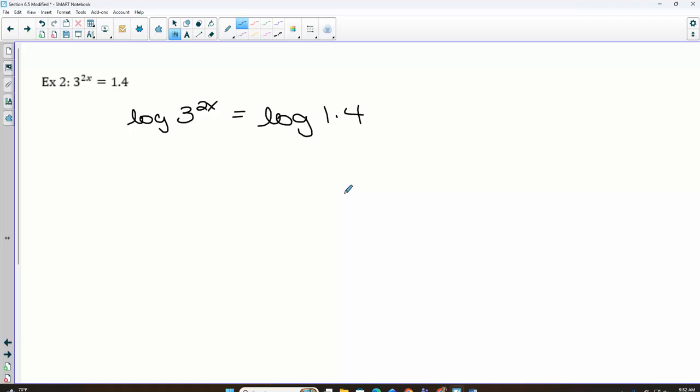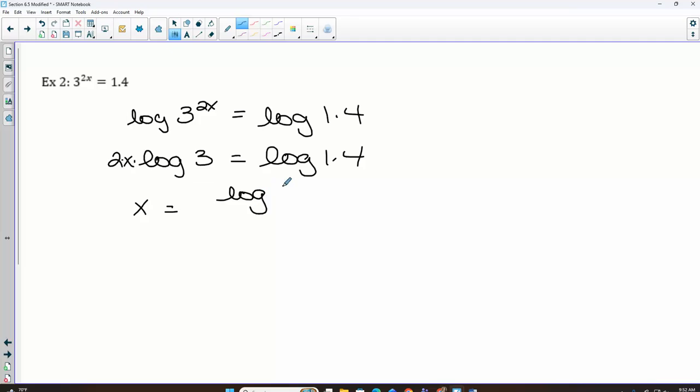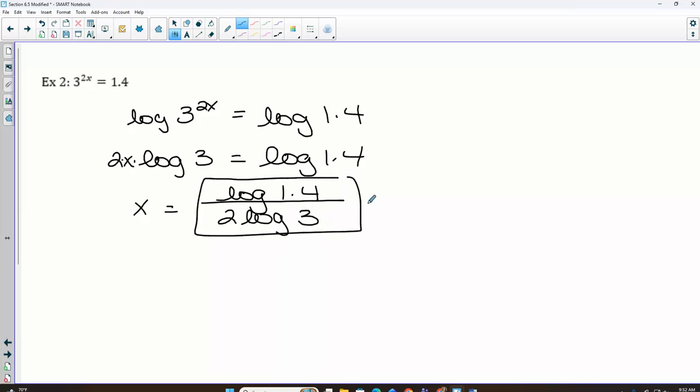What would we do now? That's when it comes down. All right, x is being multiplied with the 2 and the log 3. So to get it by itself, we divide both of those. So we have log 1.4 divided by 2 log 3. This is my exact answer.